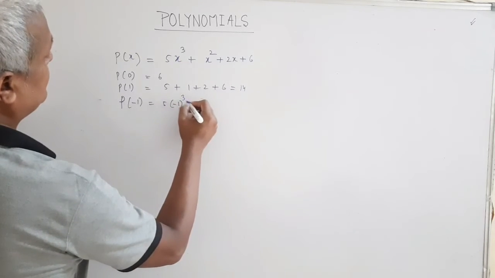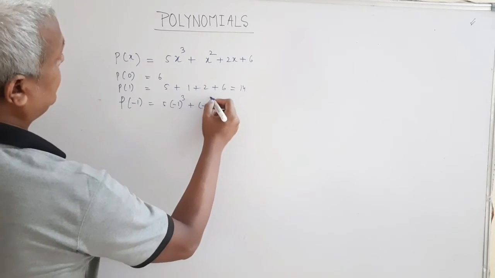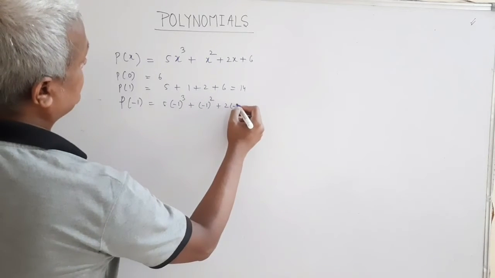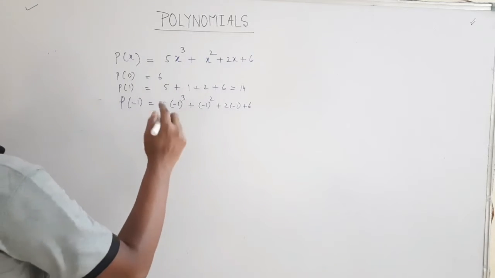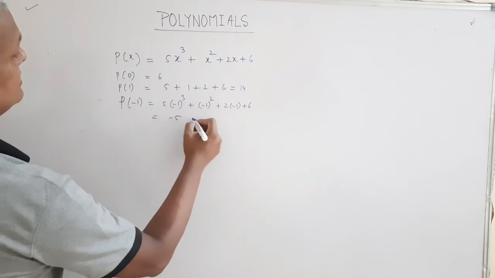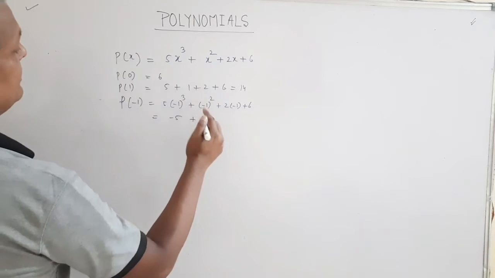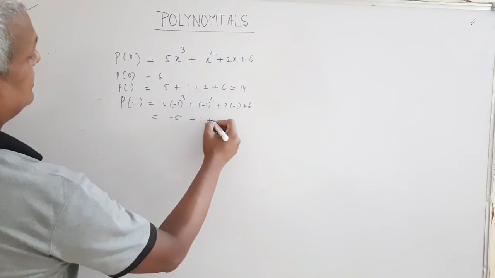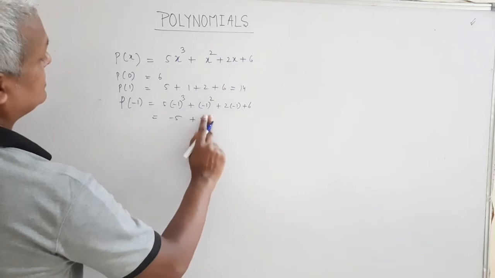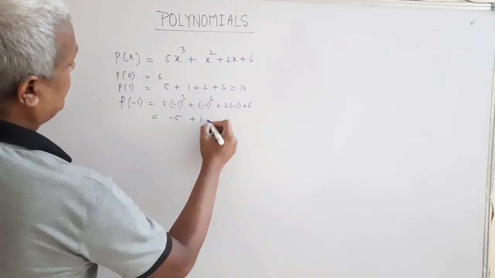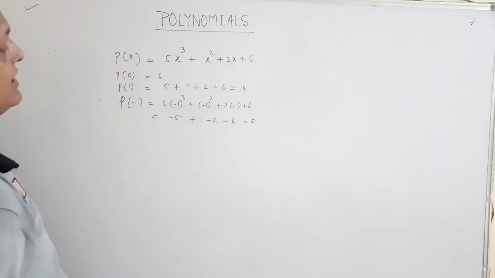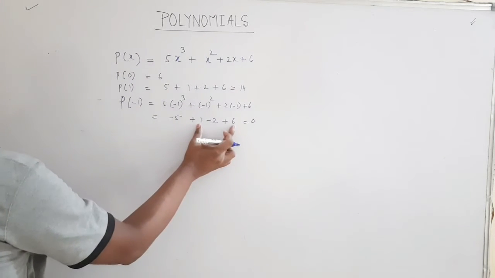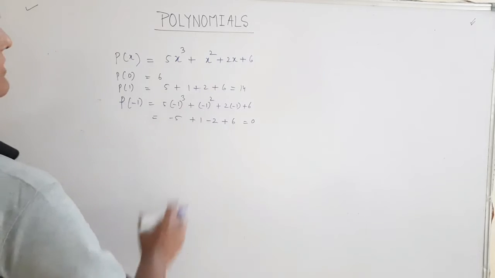5 minus 1 whole cube plus -1 square plus 2 times -1 plus 6. Now -1 to the power of an odd number is always minus 1. -1 to the power of an even number is positive 1. Again this is an odd number, so this is -2 plus 6, and if you add them all you'll get 0. 6 plus 1 is 7 positive and the 7 negative.